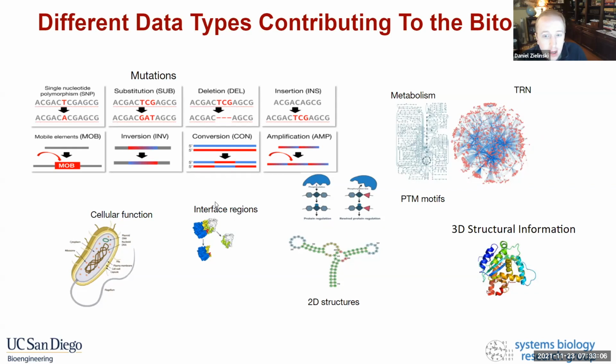We can also map onto the genome the protein structures, and these protein structures have their own annotation: binding sites, active sites, dimer-dimer interface regions. All kinds of things have been annotated in databases like UniProt, and these can also be imported and layered onto the bitome. 2D structures as well, hairpin structures in mRNA.